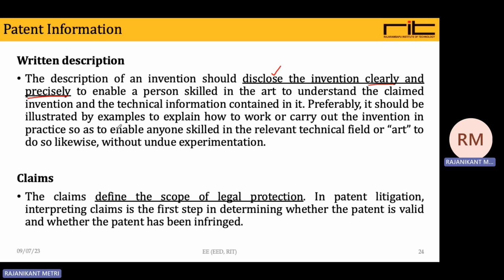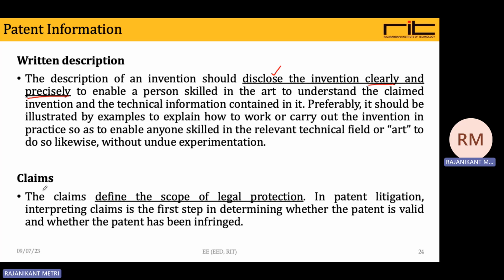Preferably, it should be illustrated by examples to explain how to work or carry out the invention in practice, so as to enable anyone skilled in the relevant technical field or art to do so likewise without undue experimentation. So it should disclose the invention clearly and precisely to enable persons skilled in the art to understand the claimed invention. For them, a clear and precise description must be given.